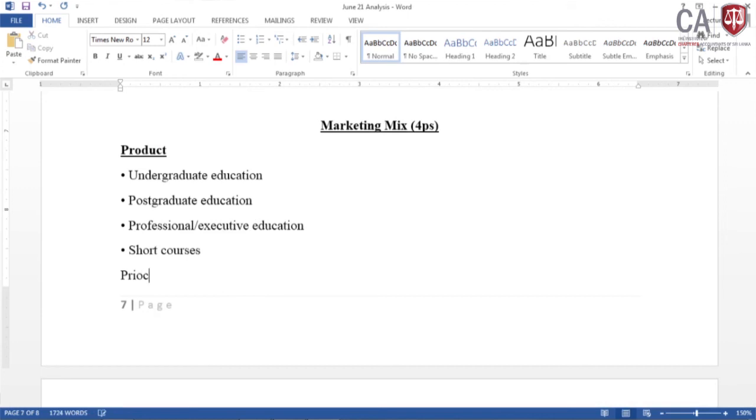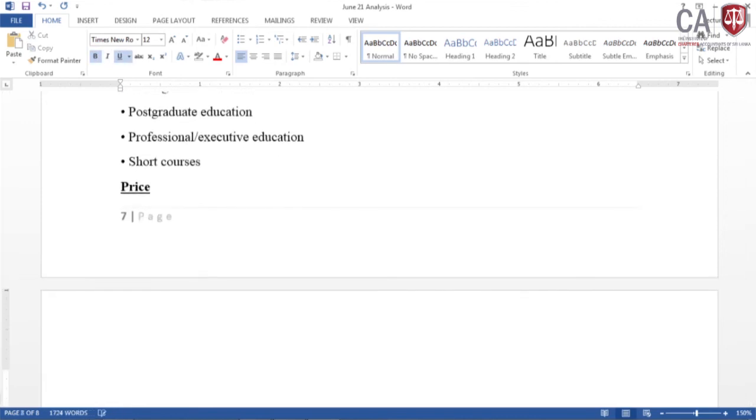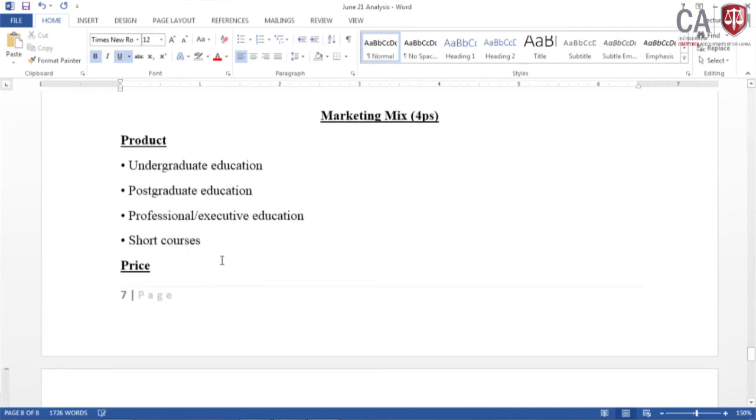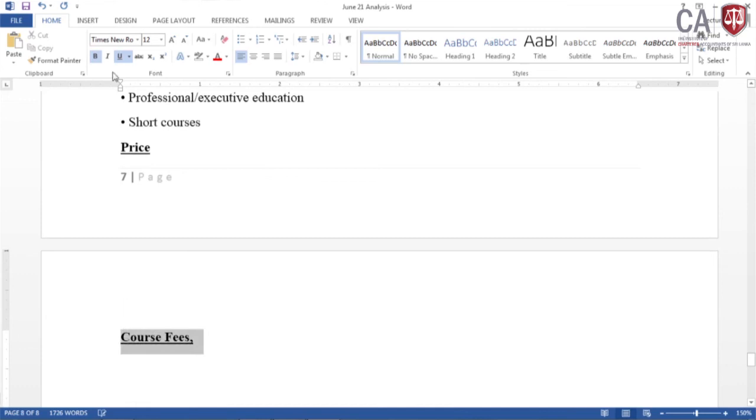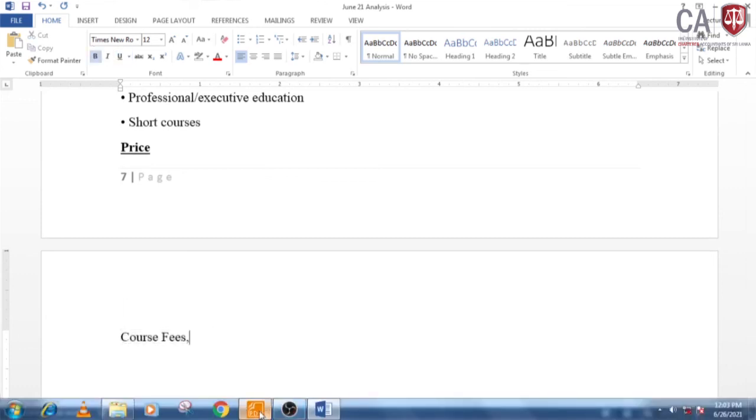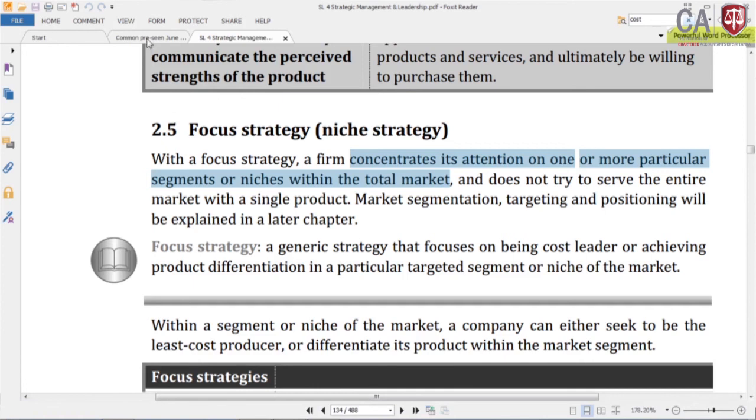Then price, we do not have much information on that, but when they pricing, so what are the element they normally look at? Course fees, then some other information was given regarding the price.